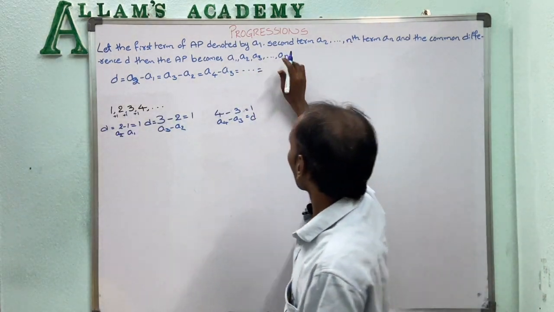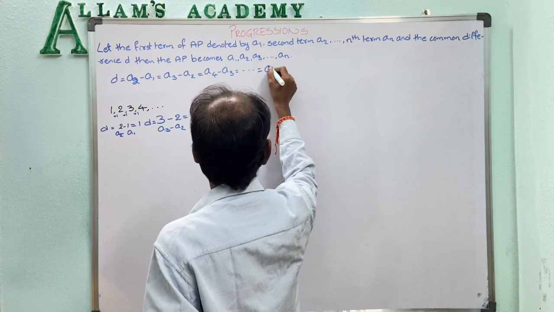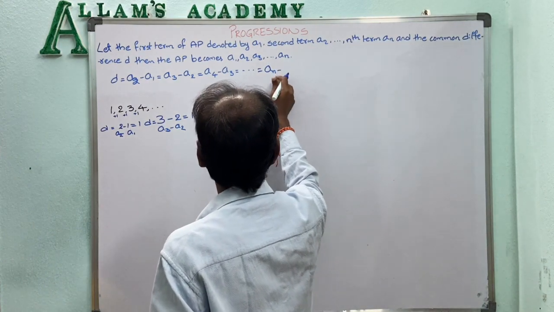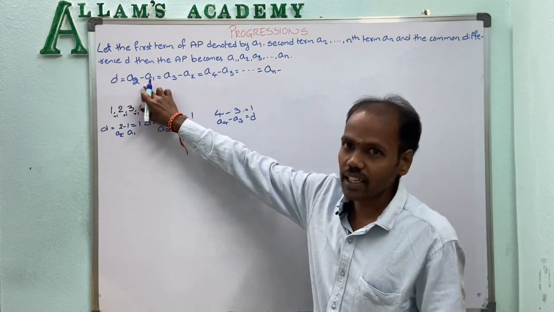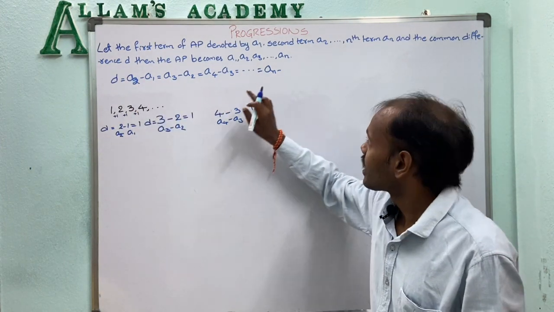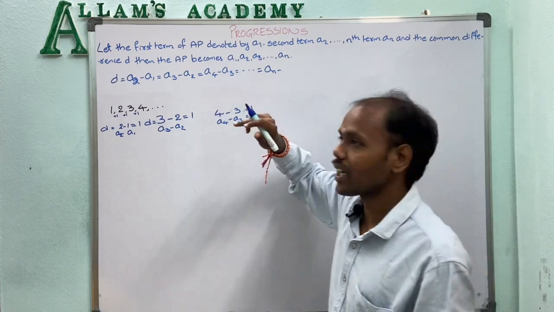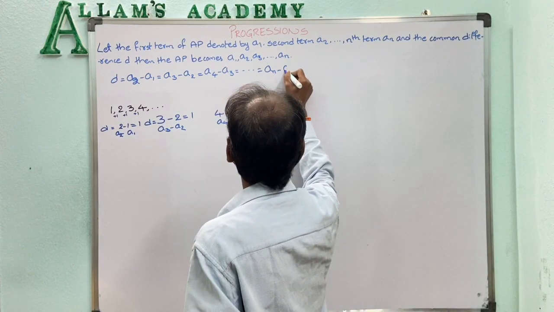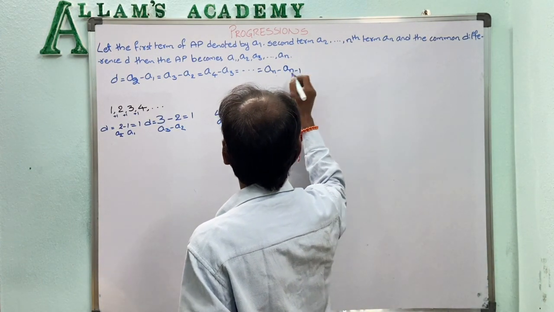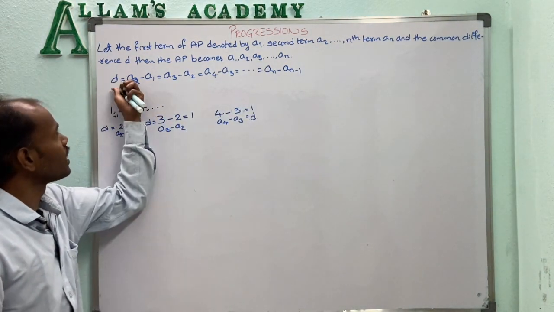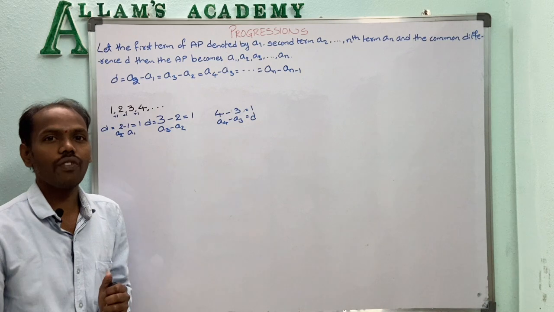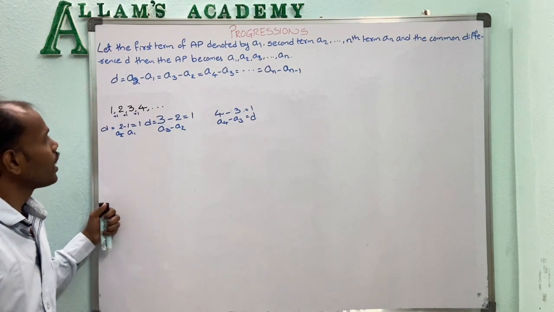The last term, the nth term, minus its preceding term. So the preceding term of An is An minus 1, and we can write D is equal to An minus An minus 1.